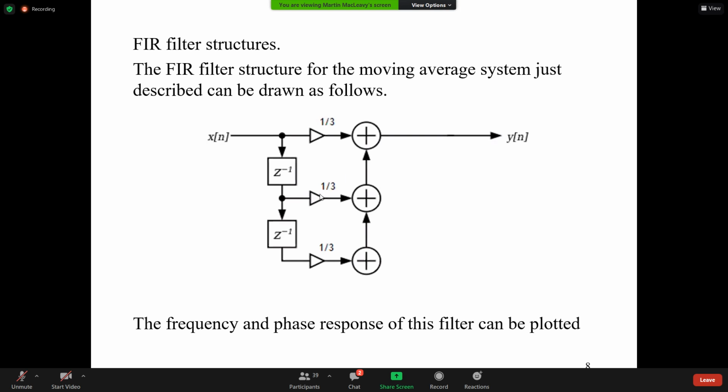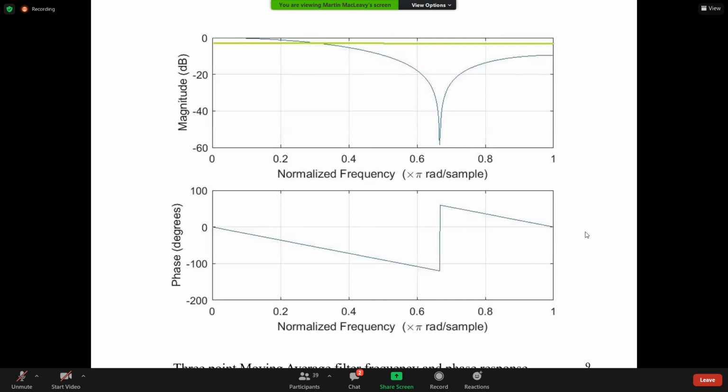So for the equation that we looked at just now, the moving average, this is our realization of that filter. In fact, you can plot this filter in terms of its frequency and phase response. I took the liberty of doing it with Matlab, and here is our plot.